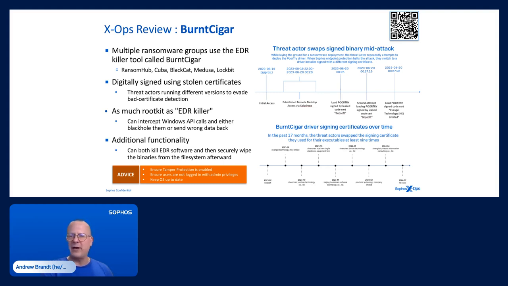We worked with Microsoft pretty closely for about a year to help them close all the loopholes that these guys were using to get them signed in Microsoft's own code signing mechanism.